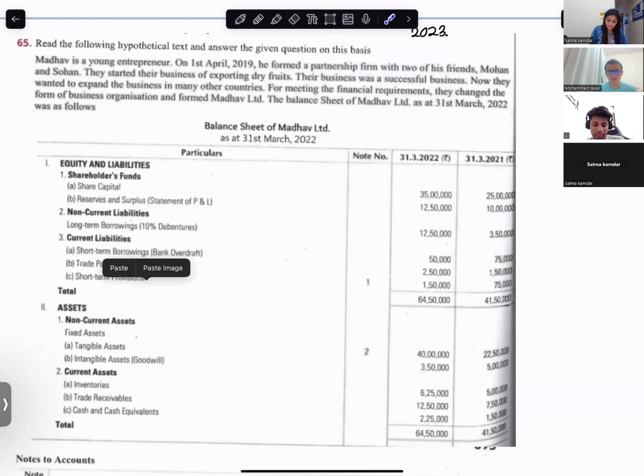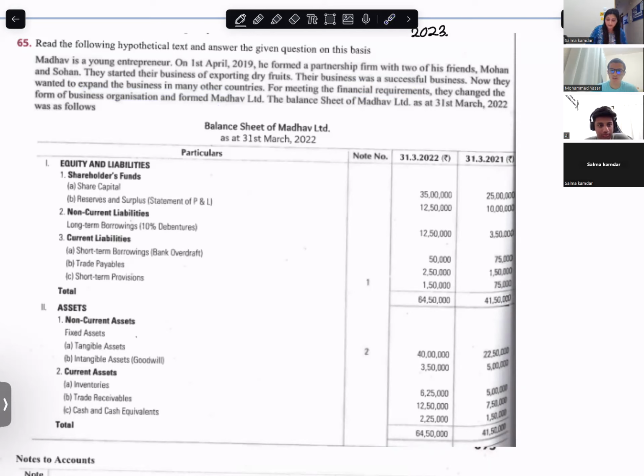They started their business of exporting dry fruits. Their business was successful. Now they wanted to expand the business in many other countries. For meeting the financial requirement, they changed the form of business organization and formed Madhav Limited.